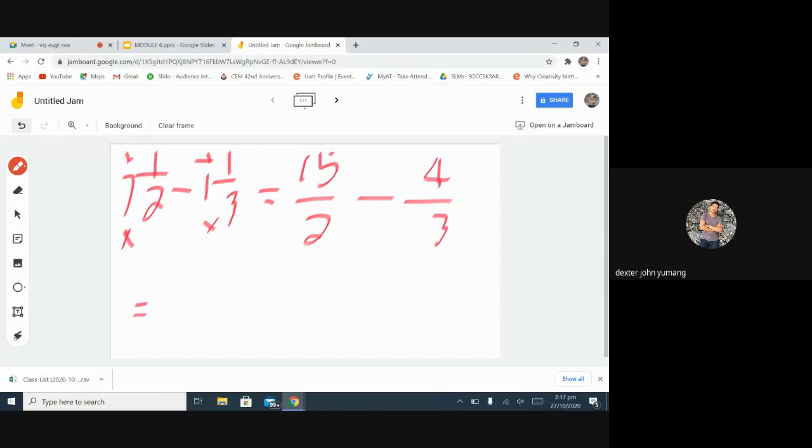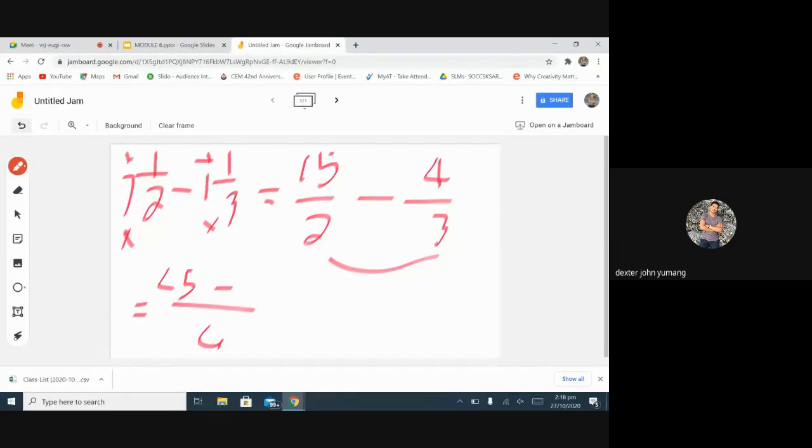LCD naman po. Ito siya, 2 times 3, that is 6. 6 divided by 2, that is equal to 3. Tapos times 15. 3 times 15 is 45.